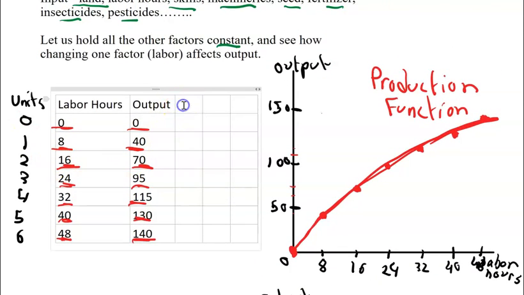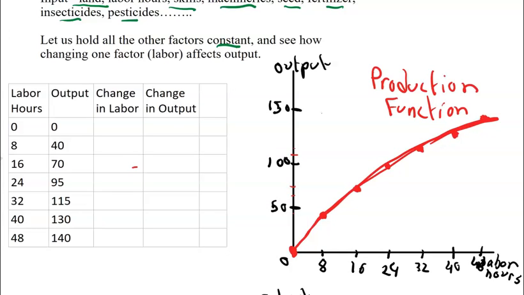So I can write change in labor. When I'm going from 0 to 8, my change in labor for that unit is going to be 8 hours, which means I'm just saying how much did I increase my labor hours by. And my output, when I increase my labor hours from 0 to 8 units, goes up from 0 to 40.